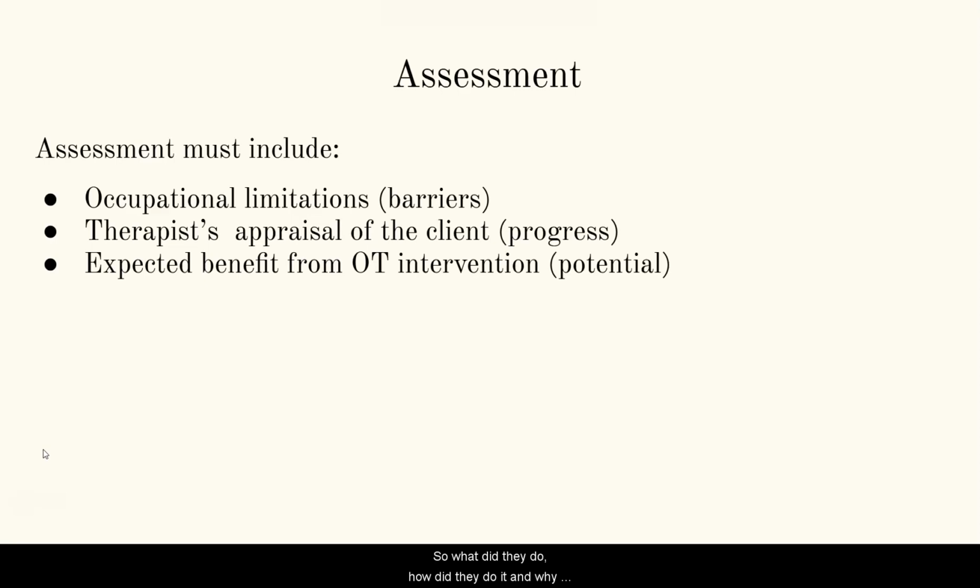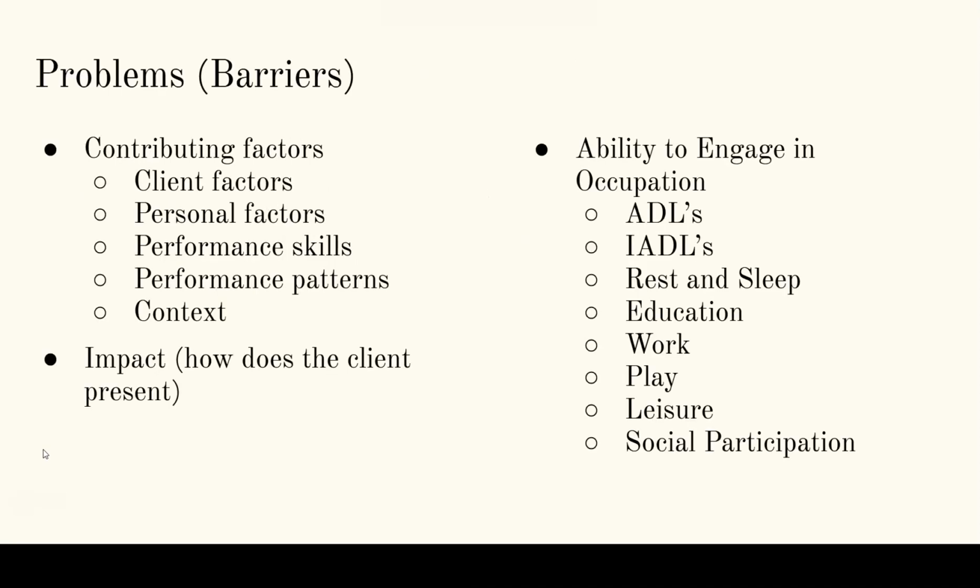So what did they do? How did they do it? And why do they need you? This is something to consider when devising your problems, your barriers. What are the contributing factors? What are the performance skills that are a barrier to the client?